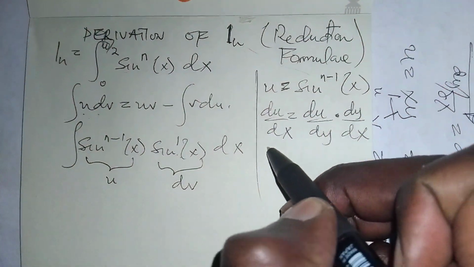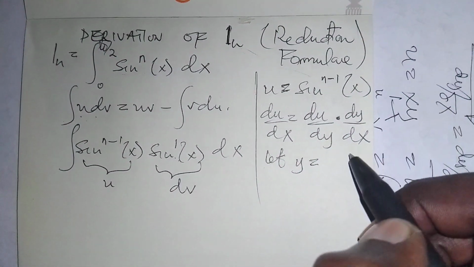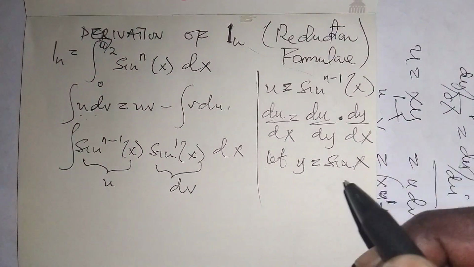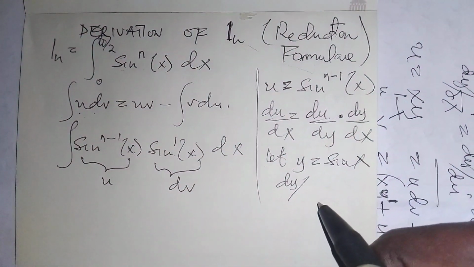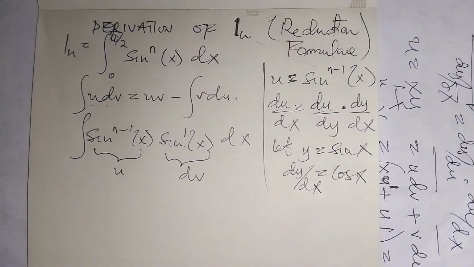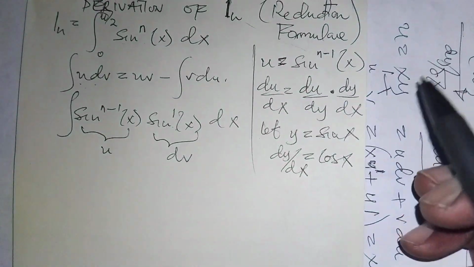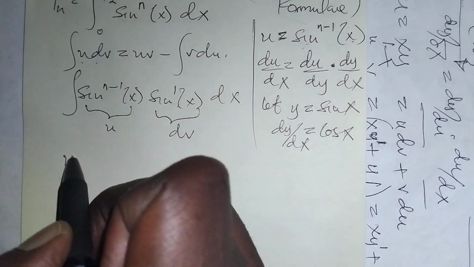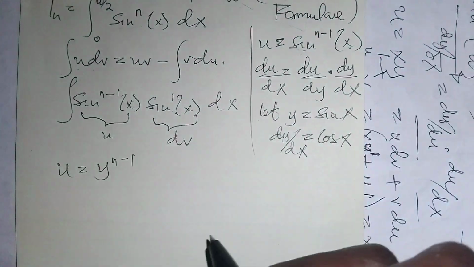So here we can let y be the sine of x. So if y is sine x, then dy dx is cos x. After substituting y as sine x, u is y raised to n minus 1.